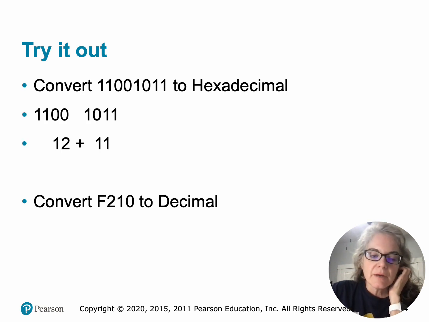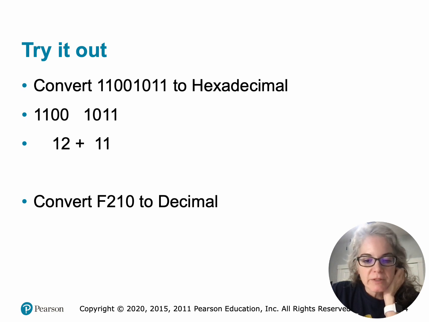Okay, so the first thing that we're going to do to convert a binary number to a hexadecimal number is divide our binary number. So we're going to have 4 digits and 4 digits.